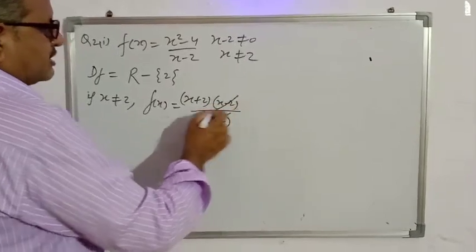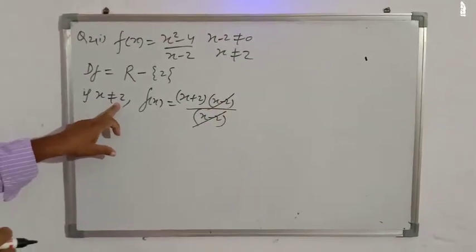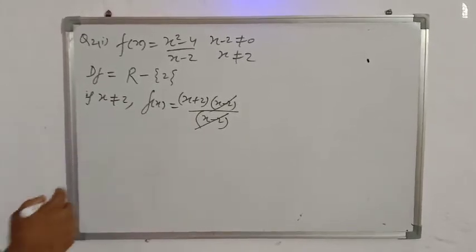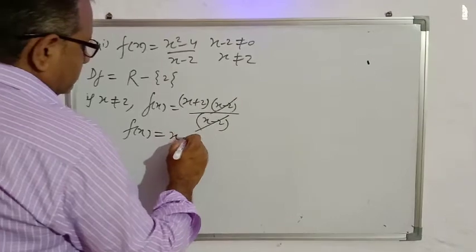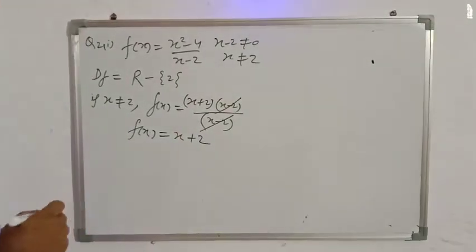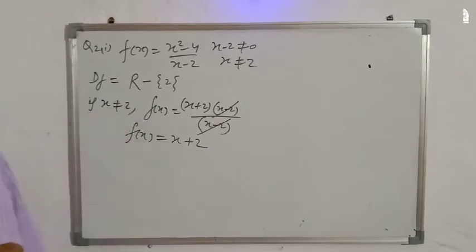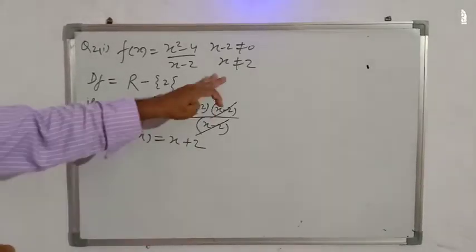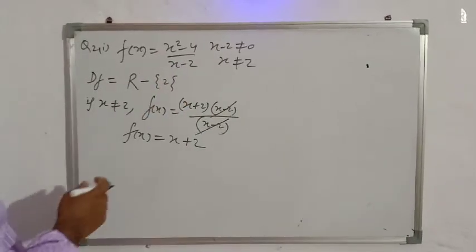We can cancel x minus 2 because x is not equal to 2. So f(x) is equal to x plus 2 if x is not equal to 2. At x equal to 2, it is not defined.